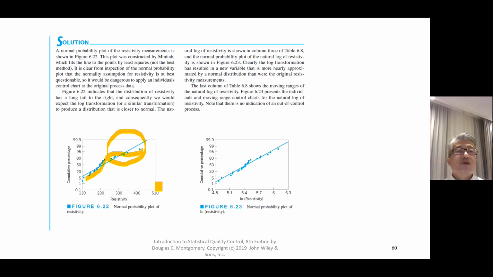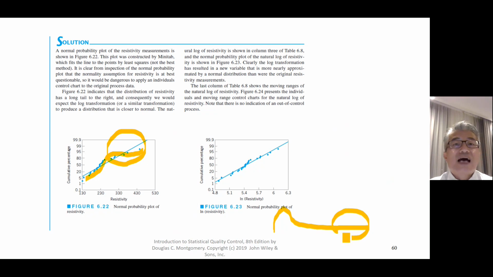Consequently, we would expect a log transformation or similar transformation to produce a distribution that is closer to normal. Do the transformation, given the really long tail to the right here.